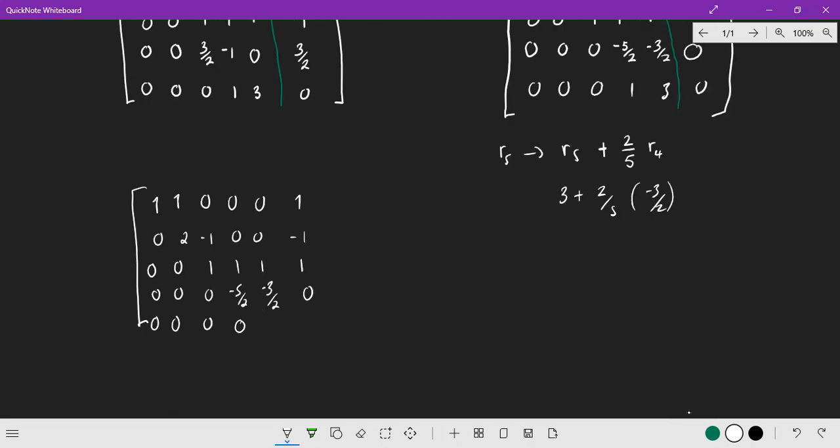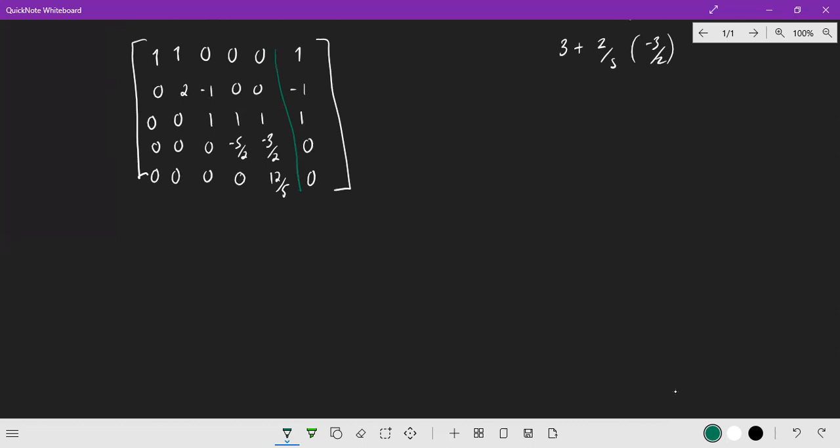So this is 4 over 5. And then out of 0, 0, nothing changes there with 0. Okay. So this is now what you get as your final matrix.